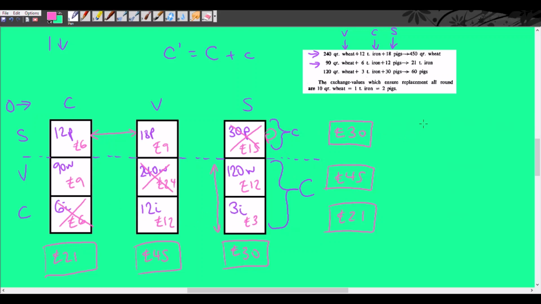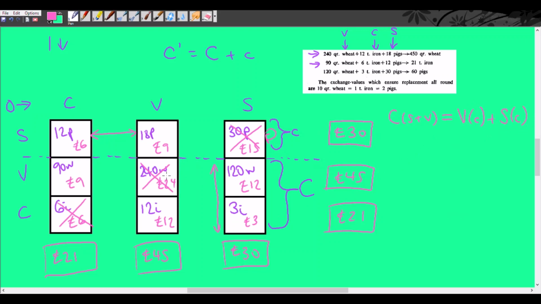Okay, so let me just write this up as algebra. So we can see here C, S plus V. So that's the surplus and variable capital in the capital department equals V, C, capital of the wage goods department, and the capital of the surplus department.